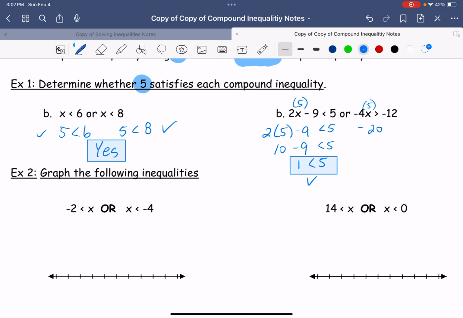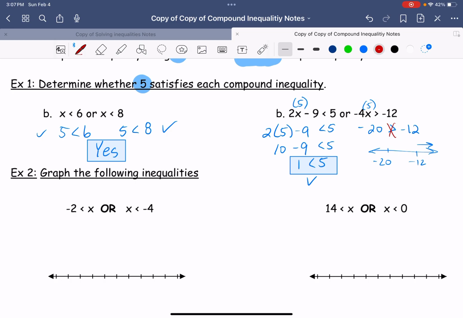But now let's see. Negative 20 is greater than negative 12. I would say yes. No, this does not apply because negative 20 is definitely less than negative 12. Remember, on our number line, we have negative 12, and somewhere down here we have negative 20, and so we know that these numbers are bigger, so this does not ring true.